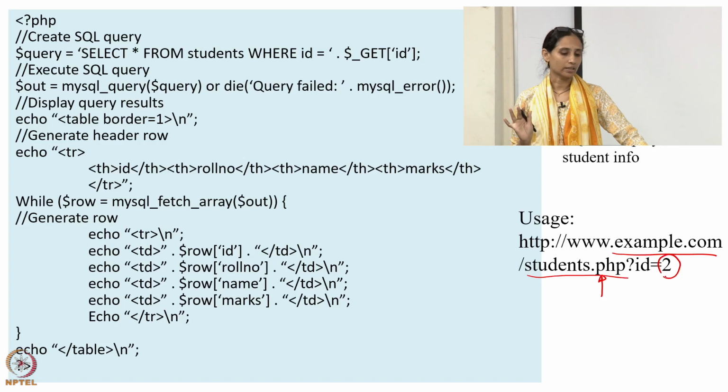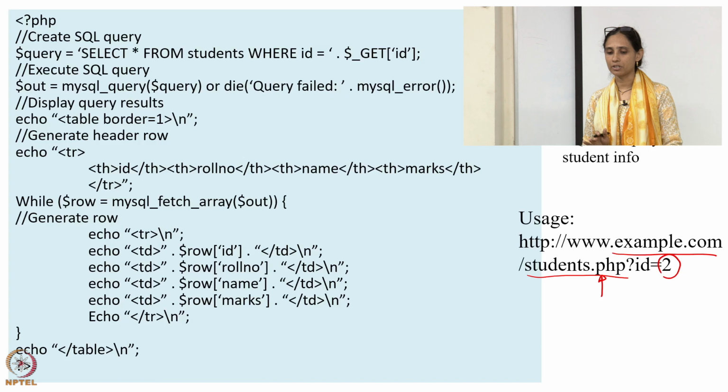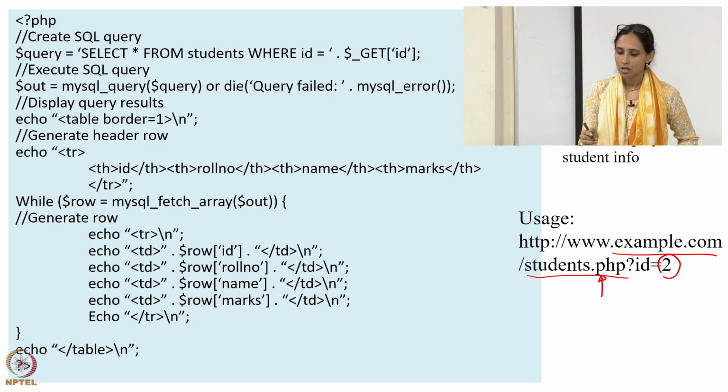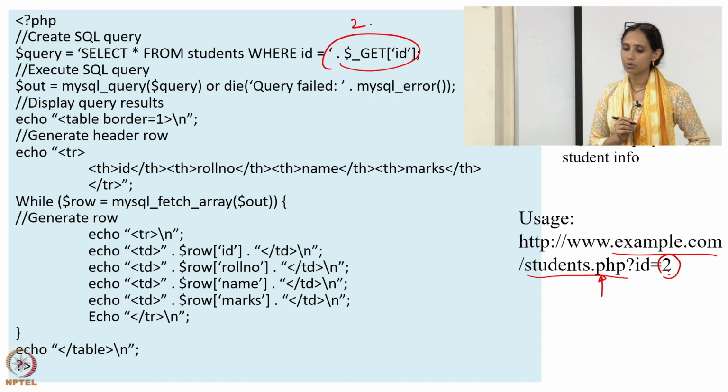That is what this is telling, and this is the specific script that is running on the server. So, this is the PHP script, where this input is being replaced here. So, it becomes id is equal to 2.